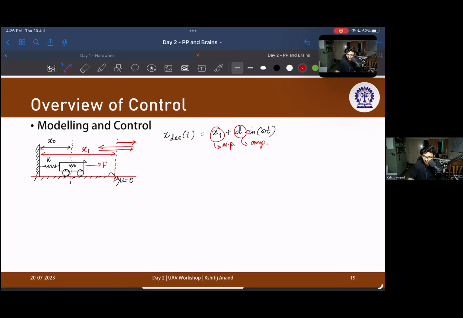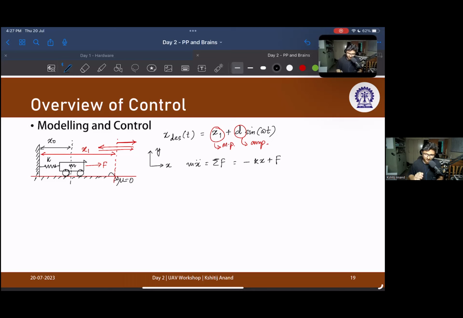Can we write a simple equation for this? If this is positive x, we don't need y actually, we just need the positive x. So we can simply write that the mass times acceleration is the summation of forces, which is minus kx plus f.